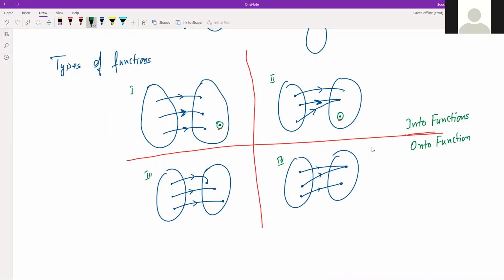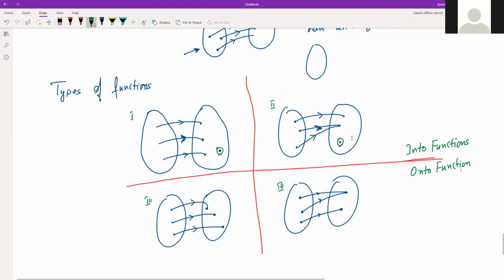Now the division on left and right. So one which is on the left hand side and one which is on the right hand side. Again, there is some similarity. The right hand side has a similarity, that is, two elements are sharing one image. And we don't have to confuse between this and what we have seen earlier.